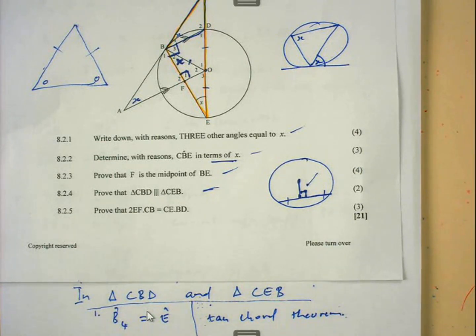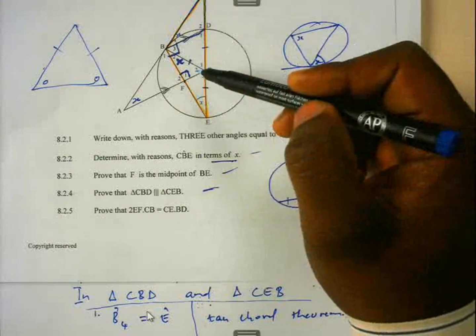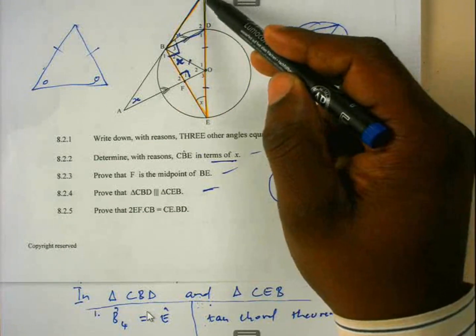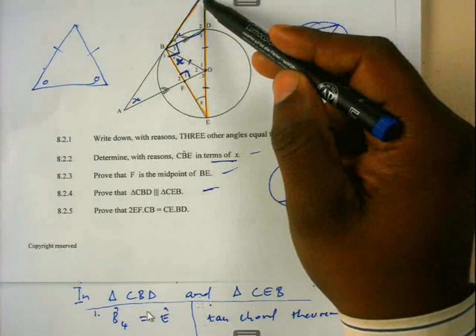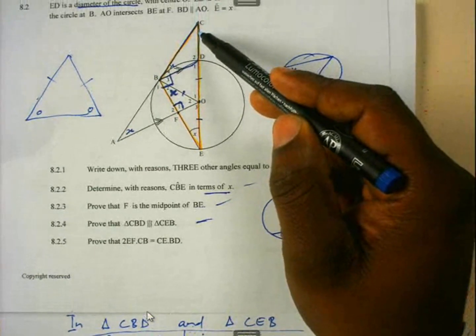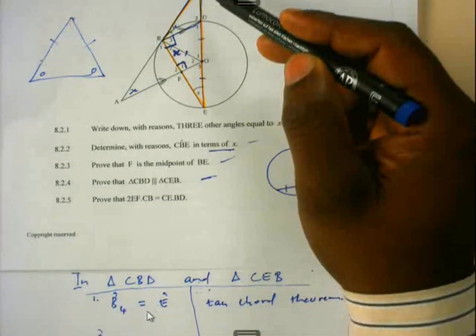Number two. Let's look at that. In the small triangle, which other angle is equal to the one in the big triangle? The small one is CBD, the big one is CEB. So C is there in the small triangle, and C is there in the big triangle. Do you agree with that?